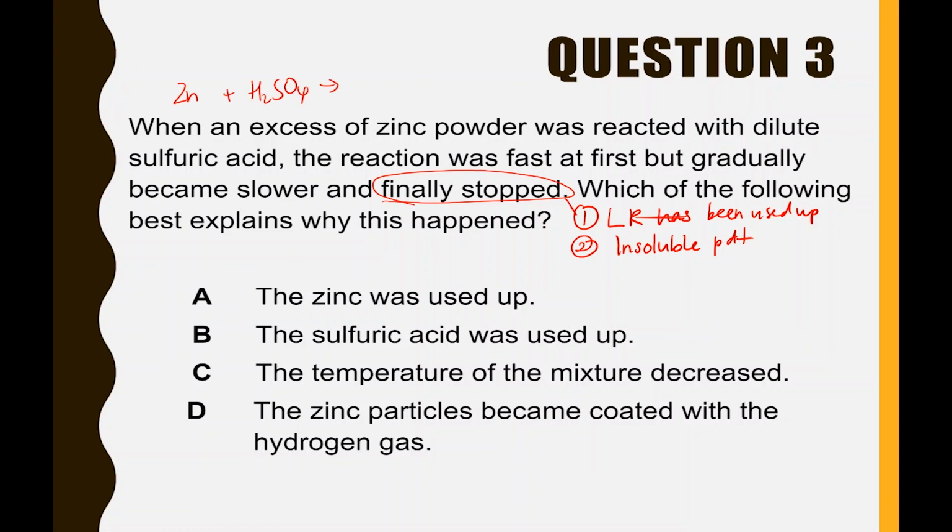It will give me zinc sulfate plus hydrogen gas. Now, as we can recall, zinc sulfate is soluble. So that means option 2 is out. So why has it stopped? Because the limiting reactant has been used up. Now I need to find out which is my limiting reactant. My limiting reactant, as you can see here, is sulfuric acid. Why? Because they said zinc is in excess. So your answer will be B.